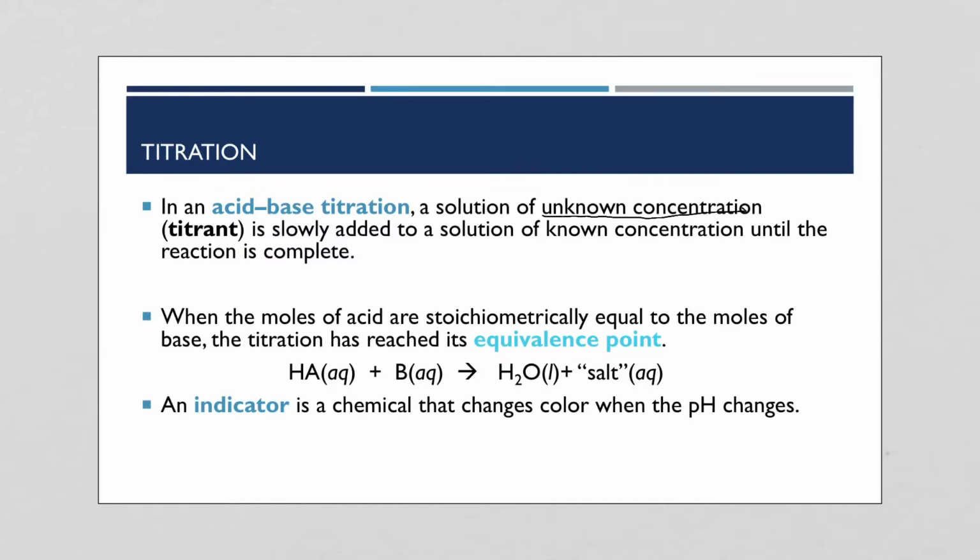Now, technically speaking, if we go by the definition, the solution of unknown concentration, we might call it the titrant, would be added to the solution of known concentration until the reaction is complete. Of course, we don't have to do it in that manner. We can add the solution of known concentration to the solution of unknown concentration.